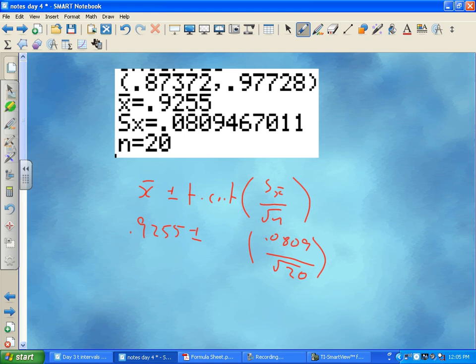Then inverse t, I'll pull it off the table. We have 19 degrees of freedom here, and I want 99% confidence, so that will be inverse t of 0.005, comma, 19. And you said it was what? 2.861. And then after you show the dry formula and the correct substitution, you can write your confidence interval down.